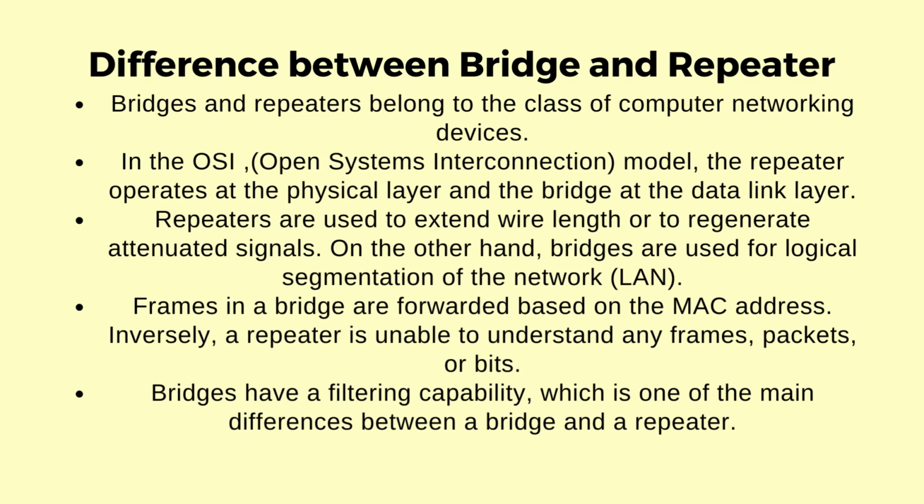Difference between bridge and repeater. Number 1. Bridges and repeaters belong to the class of computer networking devices. Number 2. In the OSI, Open Systems Interconnection model, the repeater operates at the physical layer and the bridge at the data link layer.